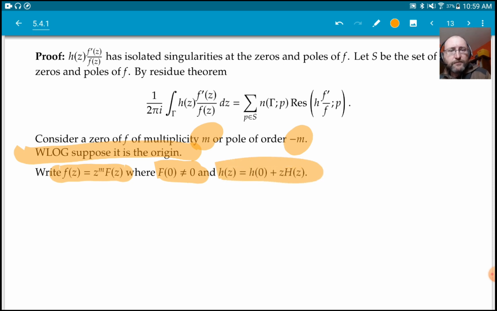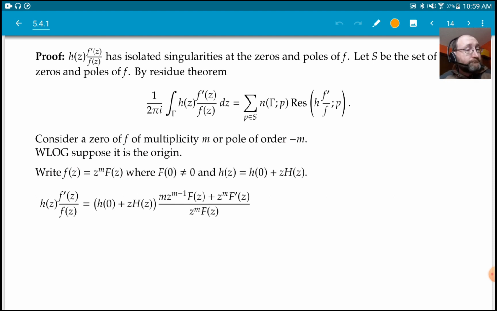Now we write h as the value of h at 0 plus higher order terms, and all the higher order terms are divisible by z, so we're going to write it as z times, let's call it a capital H. I don't have any imagination. So it's z times something. We don't really care what that something is. Well, you'll see that we don't really care.